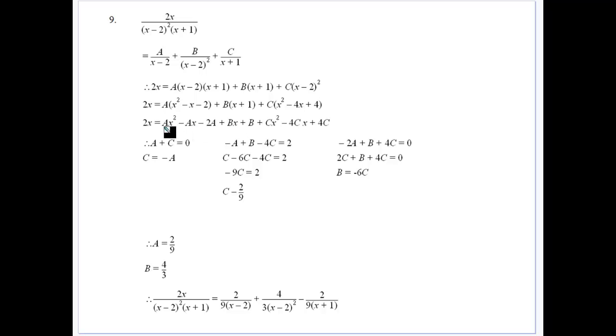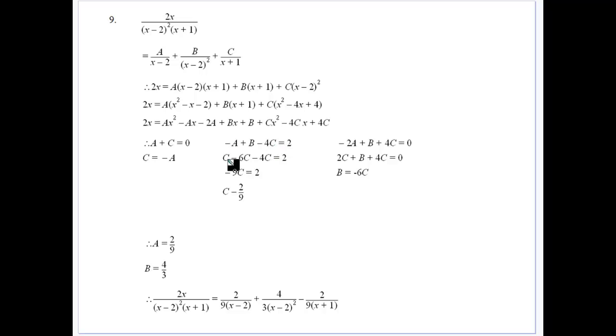So we collect our x squareds, so A plus C is equal to 0. We collect our terms in x, so we get the minus A, the B, and the minus 4C, and that'd be equal to 2 because it's 2x. And minus 2A is a constant, B is a constant, and 4C is a constant. That's equal to 0. So we're able to get C in terms of A, and then we can find A and B minus 4C.